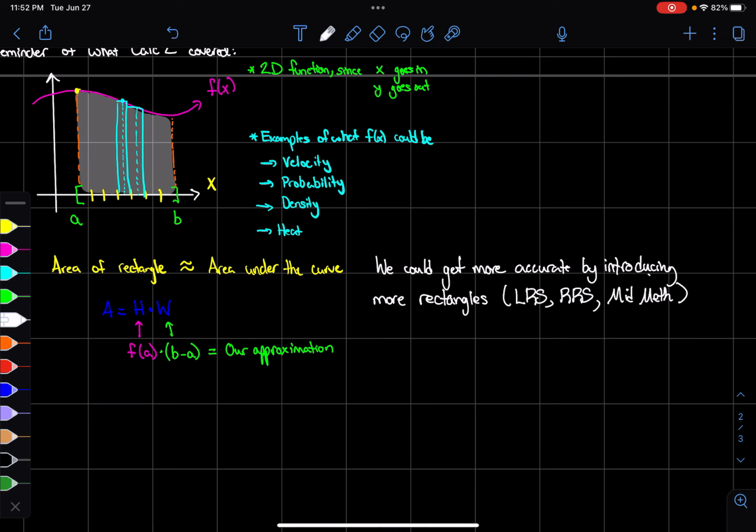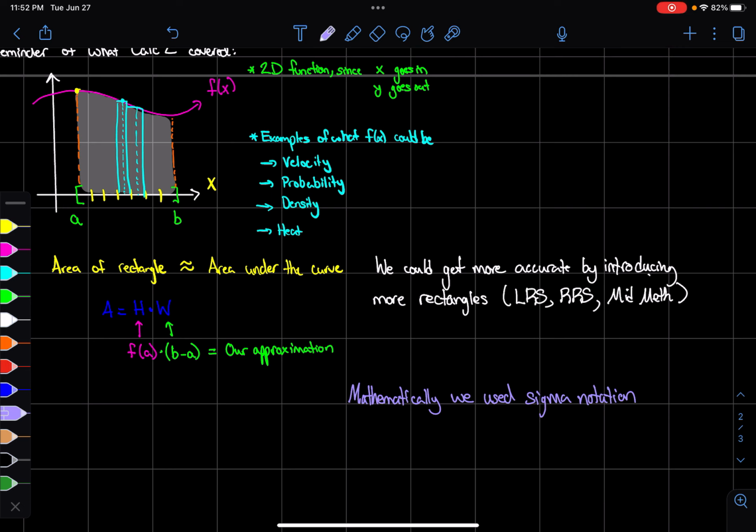And so we started off with this theory. We said, okay, well, how can we talk about this mathematically? Mathematically, we introduced sigma notation, right? We used sigma notation to talk about adding up all of the areas of these rectangles.